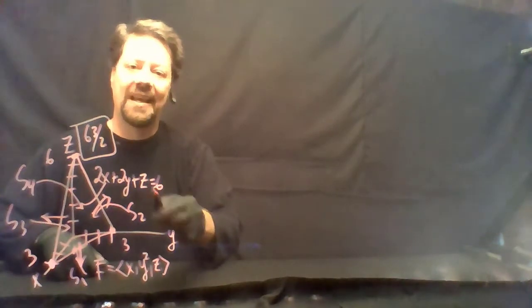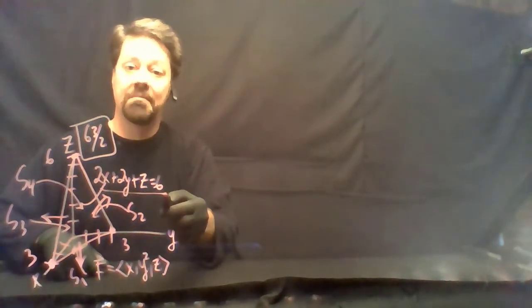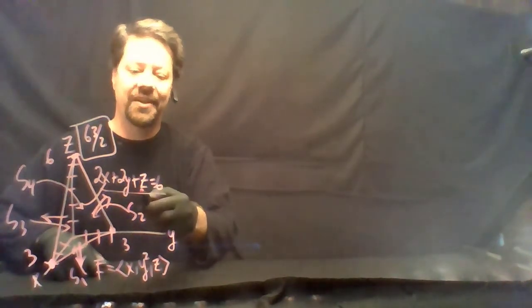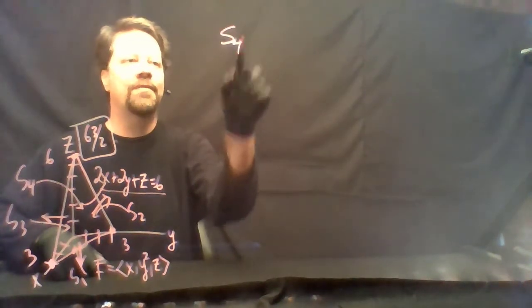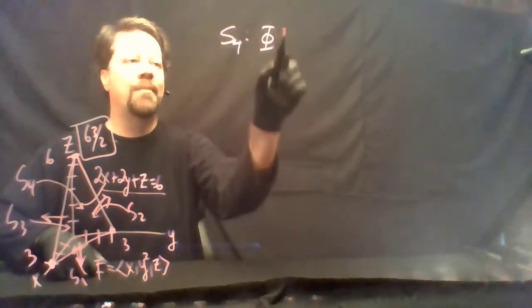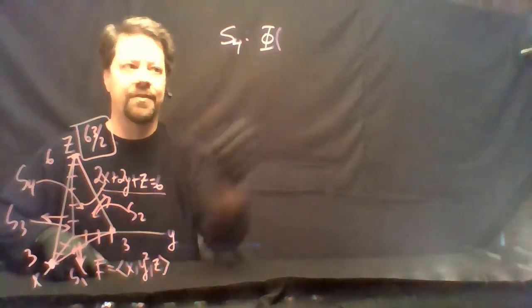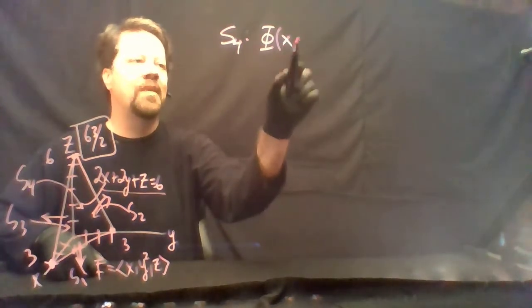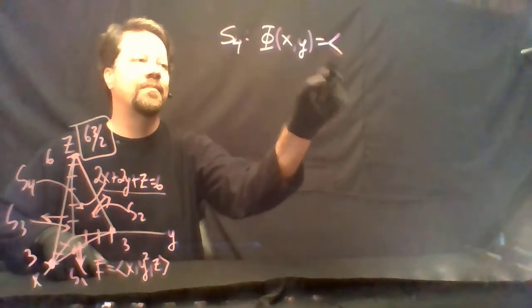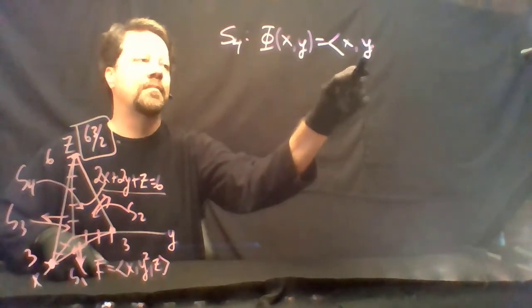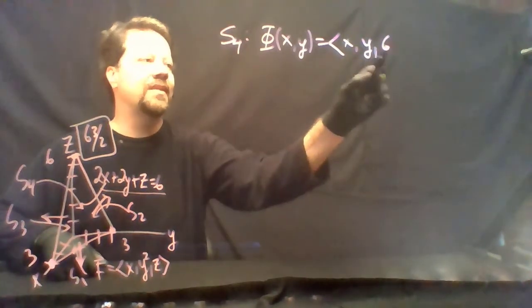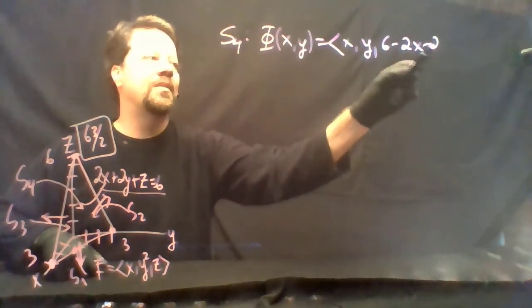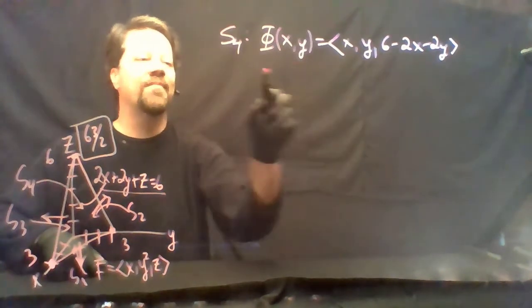S4 is the plane described by the equation for the plane seen here. So in S4, let's find a parameterization of that plane. We'll solve for z. The parameters will be x and y. z is equal to 6 minus 2x minus 2y.